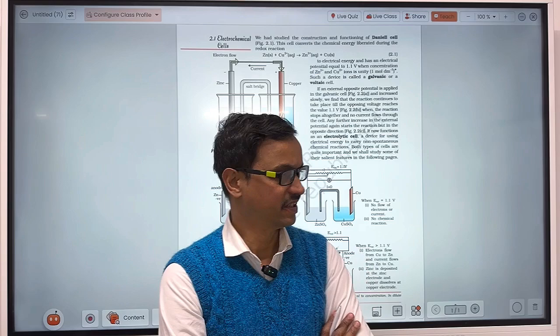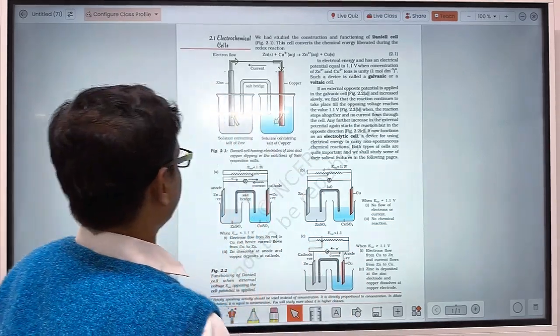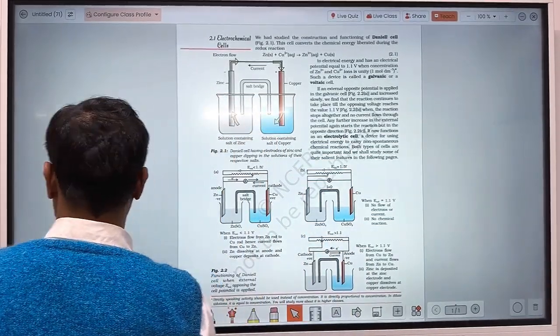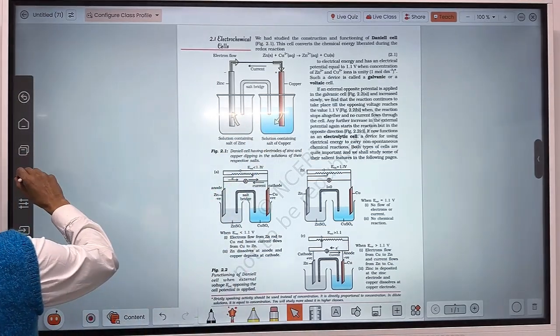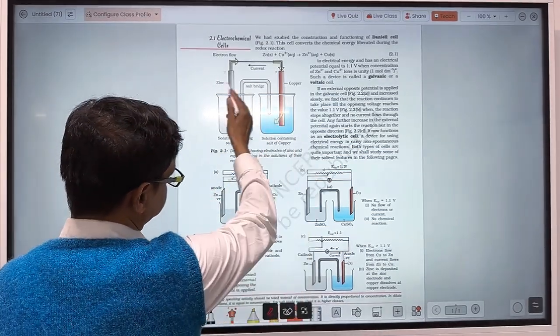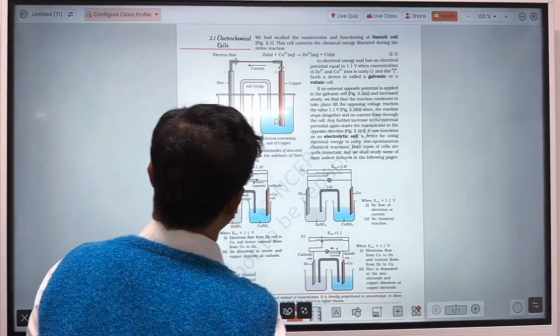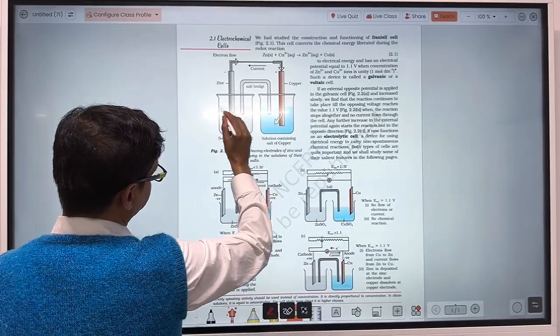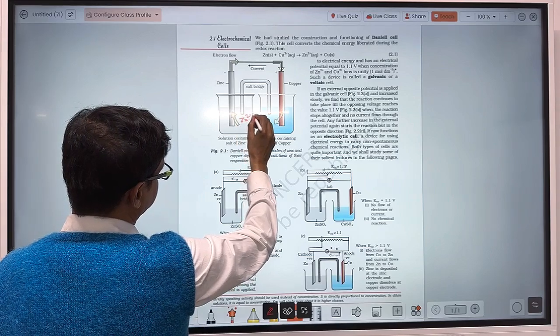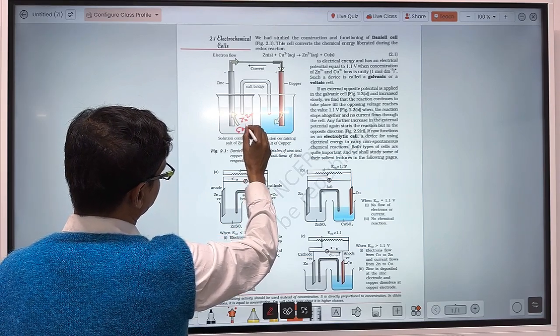How does it work? Let's see. Here is the diagram of a galvanic cell or voltaic cell. Listen here. This is the vessel in which there will be Zn2+ and SO4 2-.